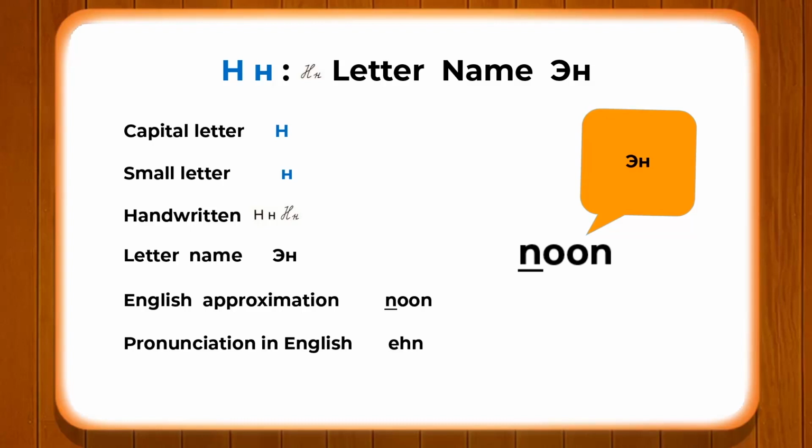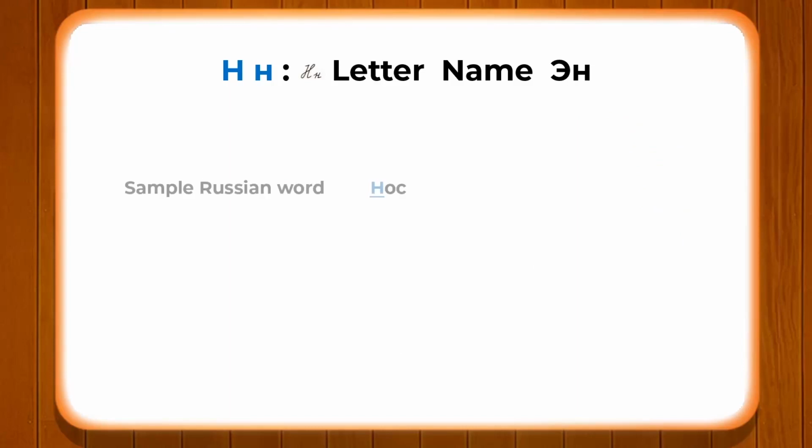You can pay attention to the sound of N in noon; it would help you to understand the exact sound of N. But with the help of a Russian sample word we can exactly understand how the sound is, in nos, N in nos, which means nose.